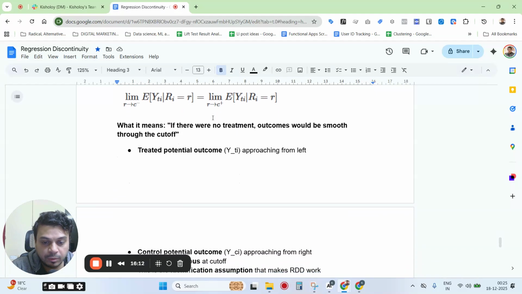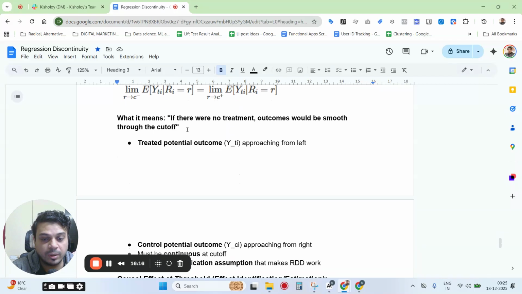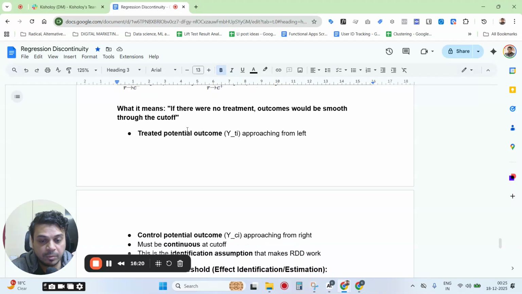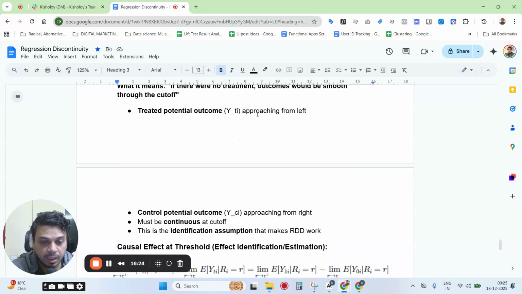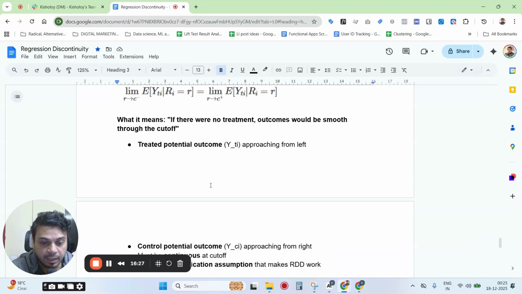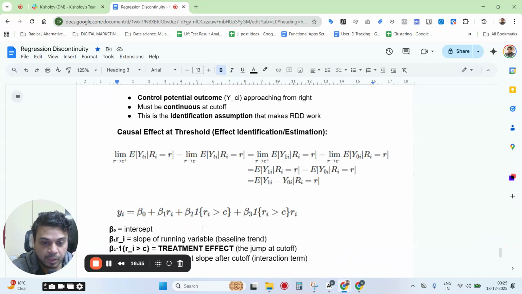And so basically, in plain language, if you don't want the math, what it means is that if there were no treatment, outcomes would be smooth through the cutoff. Now, you have the treated potential outcome approaching from the left, like I said, and then the control potential outcome, and then you have the continuity assumption presented in this form.